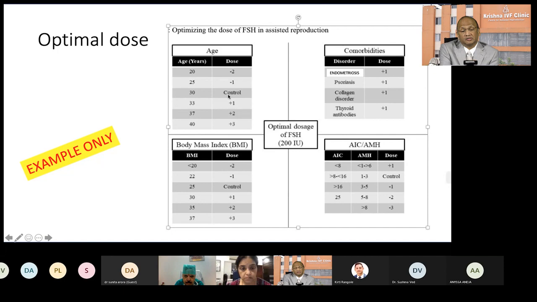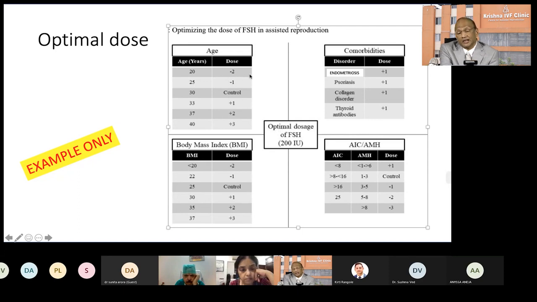Here you have the age. We have taken 30 years as a control. This starting dosage can be decided individually, clinic to clinic, based on the type of population you get. So if the age of the woman is 30 years, this is the starting dosage. If the age of the woman I am going to start the stimulation on is 25, then I minus 25 units.